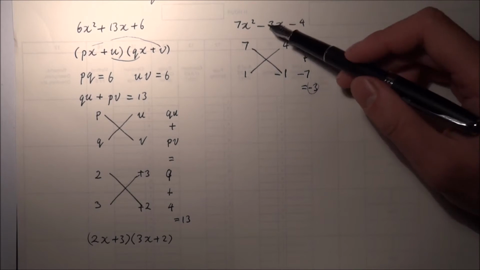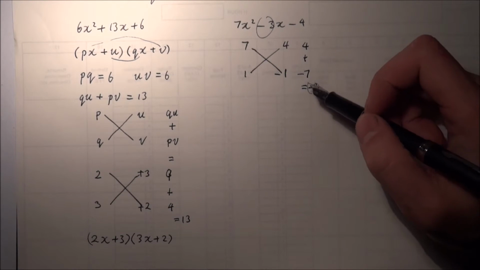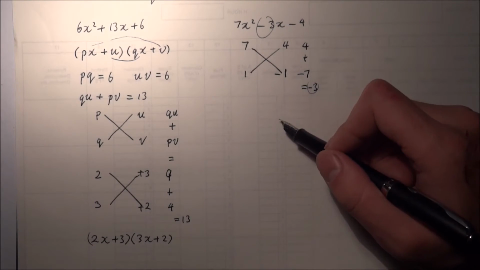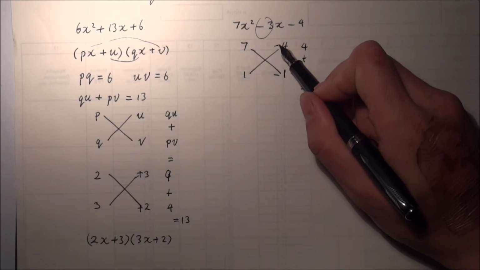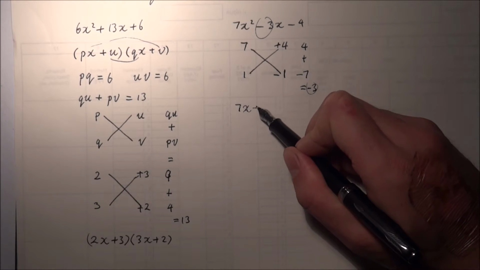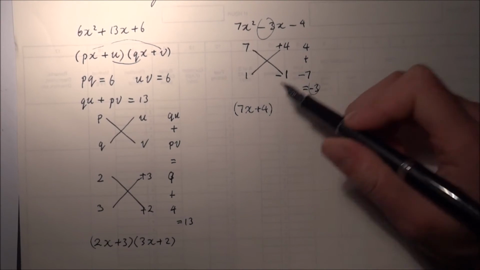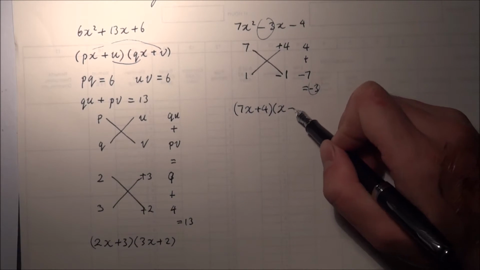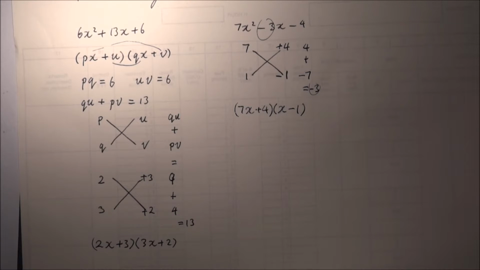So this satisfies the condition and works out. So all we say is this should be positive here. So 7x plus 4 times x minus 1.